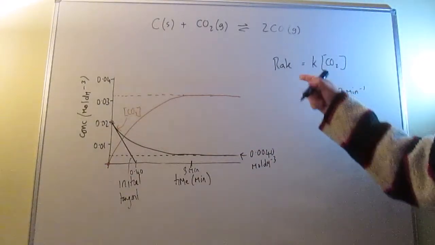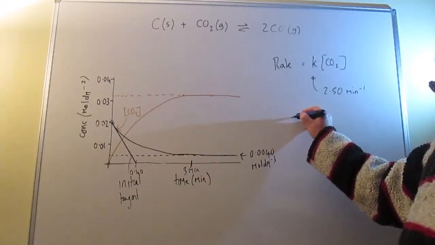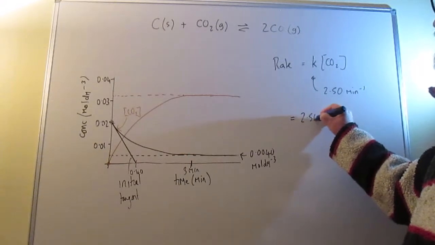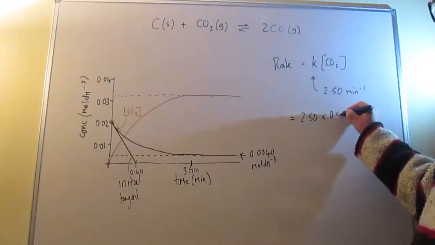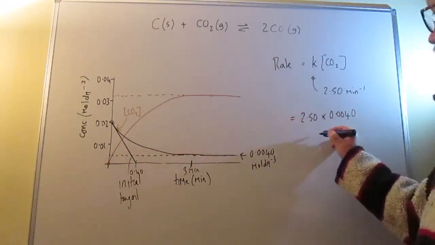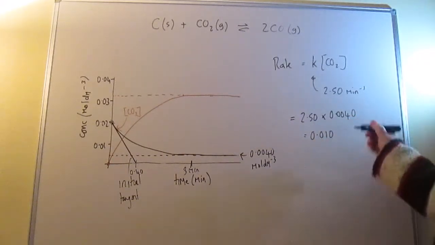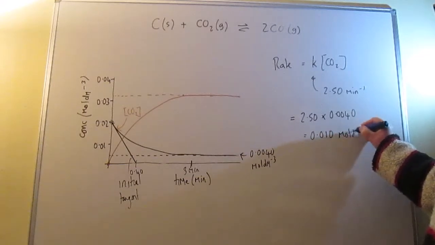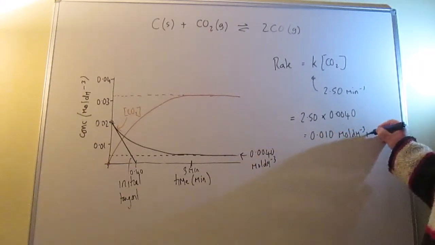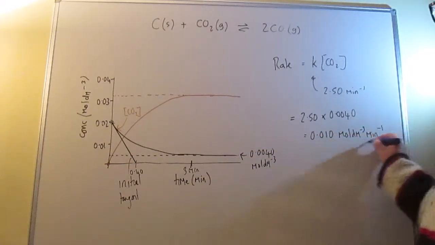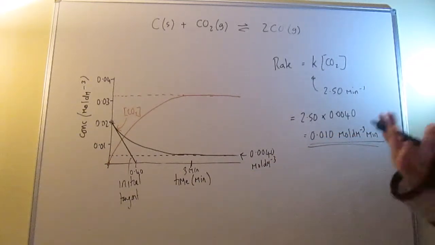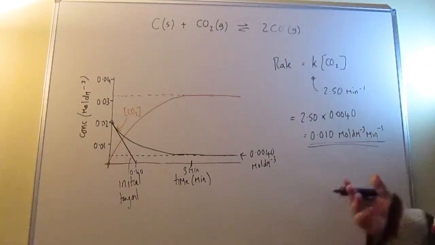So we can just say that the rate after 3 minutes will be equal to 2.50 times 0.004, which is 0.010. And again, it's a rate, so the units are moles per dm cubed per unit time, which in our case is per minute.